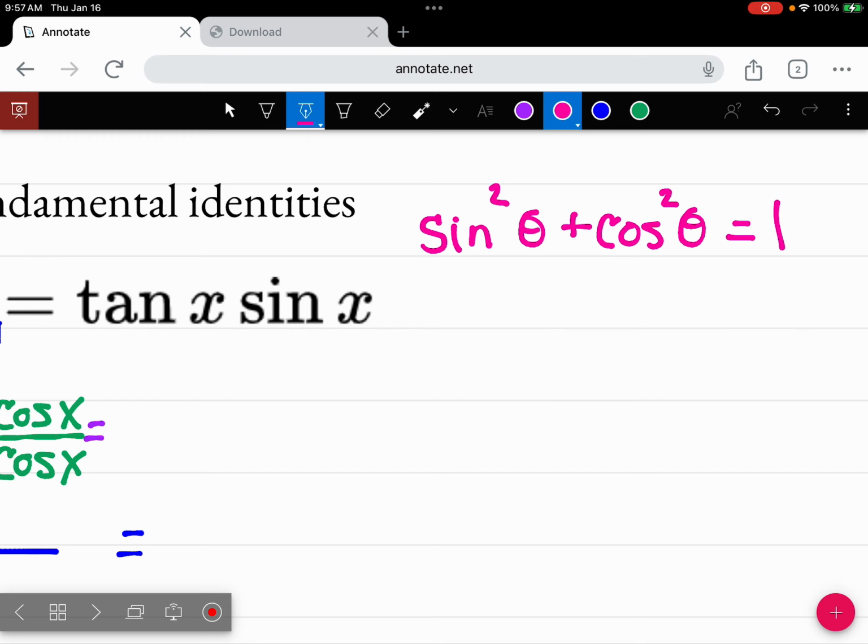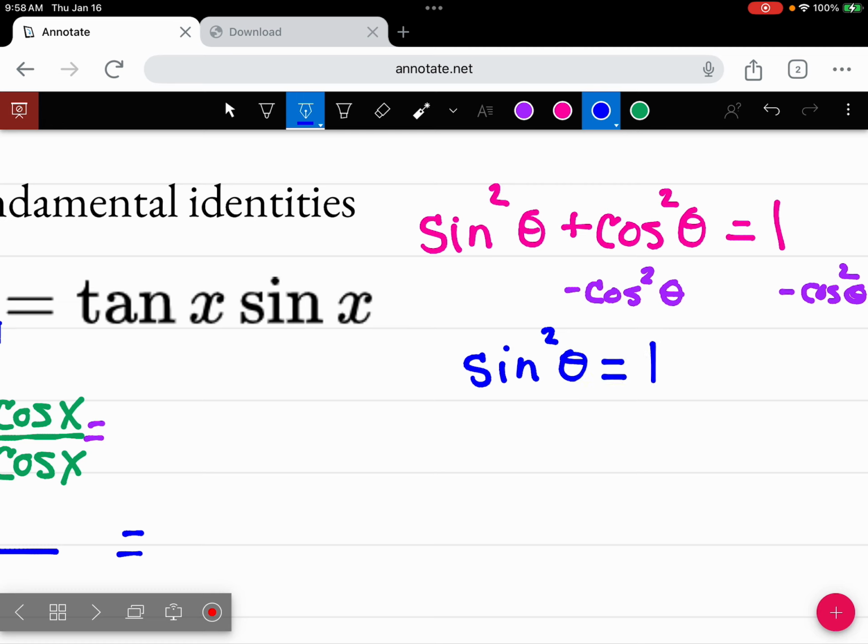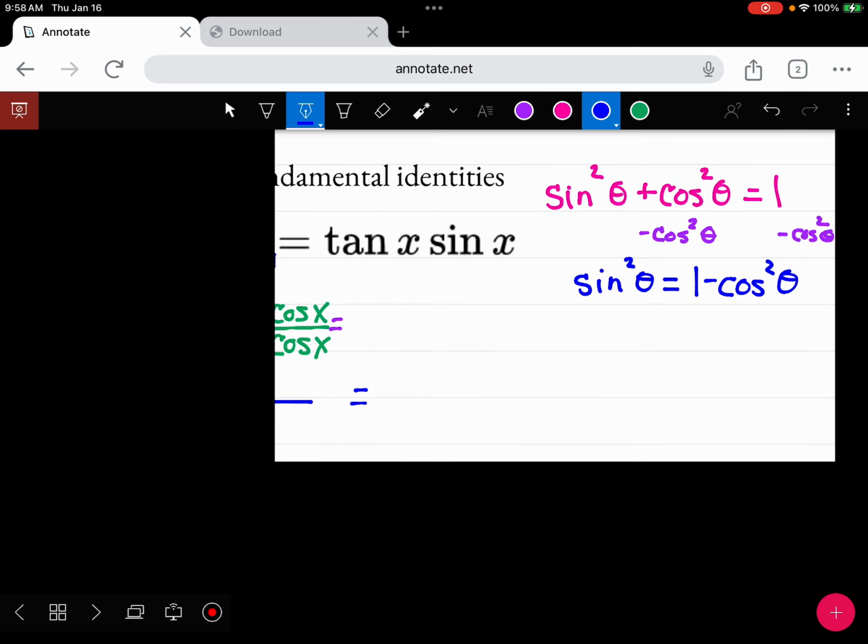How does this one help us with this? Yeah, if I subtract cosine squared from both sides on this thing, so subtracting our cosine squared theta, we're going to get our sine squared theta equals 1 minus cosine squared.